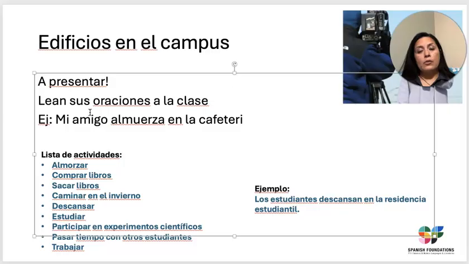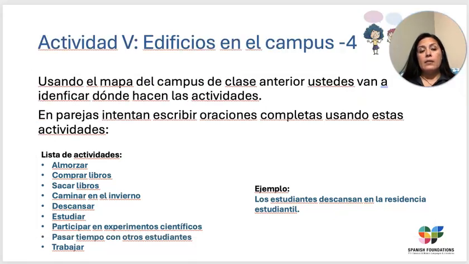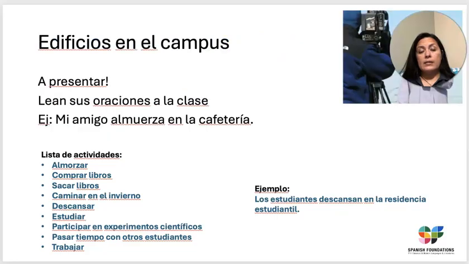So again here, you've used the verb, and then you are also going to give me a location. So mi amigo almuerza en la cafetería, and you will be writing 4 of these sentences. So that is, as I mentioned, either activity 5 or 6.